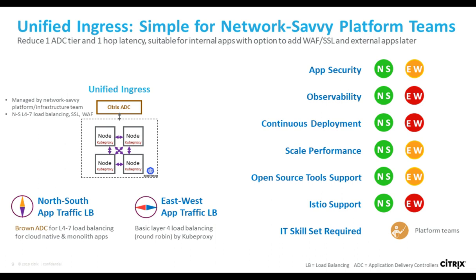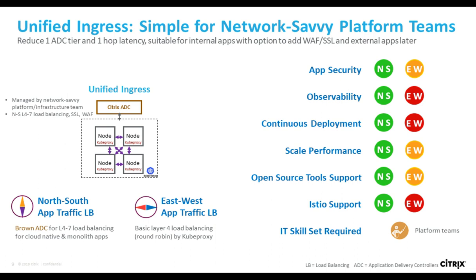But the key requirement for this deployment, your platform team has to be very, very network savvy, and if they are not, they have to learn it. Many of our customers consider this architecture to start with internal applications facing their employees, where they don't care much about WAF and SSL functionality, but they want to add it later when they want to use the same architecture to add external applications also.